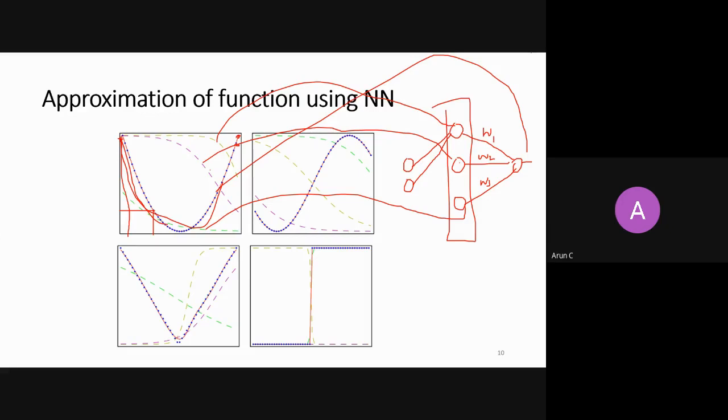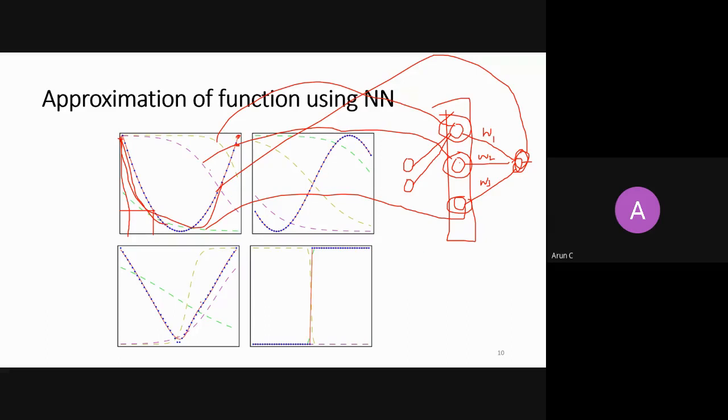The first hidden layer extracts some underlying pattern, the second extracts a second underlying pattern, and the third extracts a third. Then the output layer takes a linear combination of all these underlying patterns and composes the final output which we need, right?